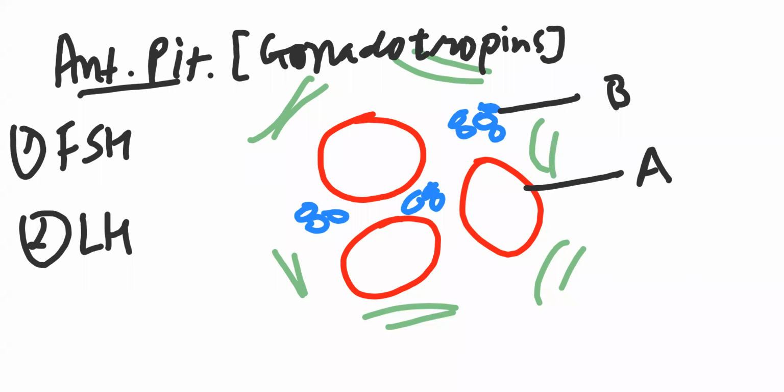First of all, we will see the role of these two hormones in the male individual. Collectively, these two hormones are called gonadotropins, one of them FSH, follicle, F-O-L-L-I-C-L-E, stimulating hormone, and another one LH, luteinizing hormone.